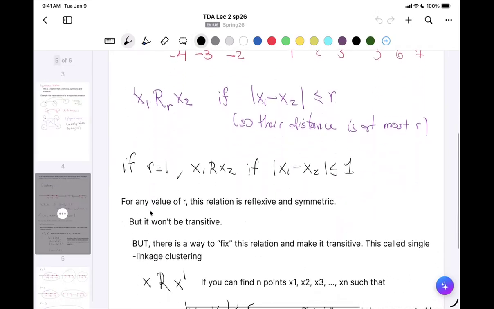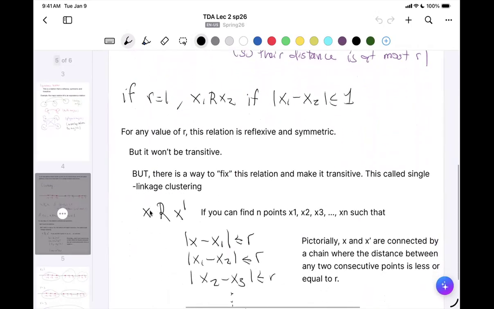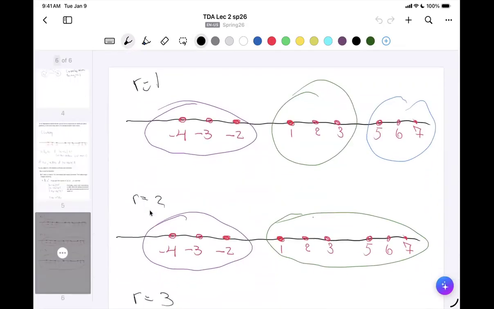That's actually a way to fix a relation that's symmetric and reflexive in general. If it's not transitive, you can make it transitive by allowing these paths to take place.